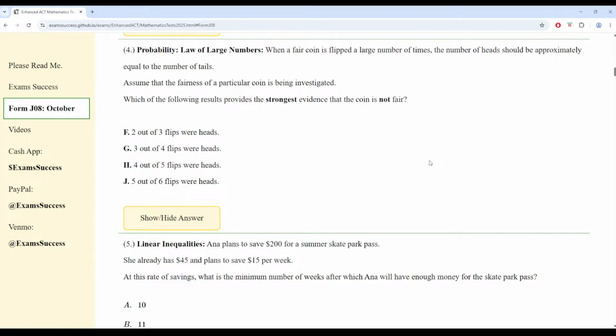This is just an explanation of the law of large numbers. If you do an independent event repeatedly for a large number of times, then the experimental probability should be approximately equal to the theoretical probability. That's what the law of large numbers tells us.